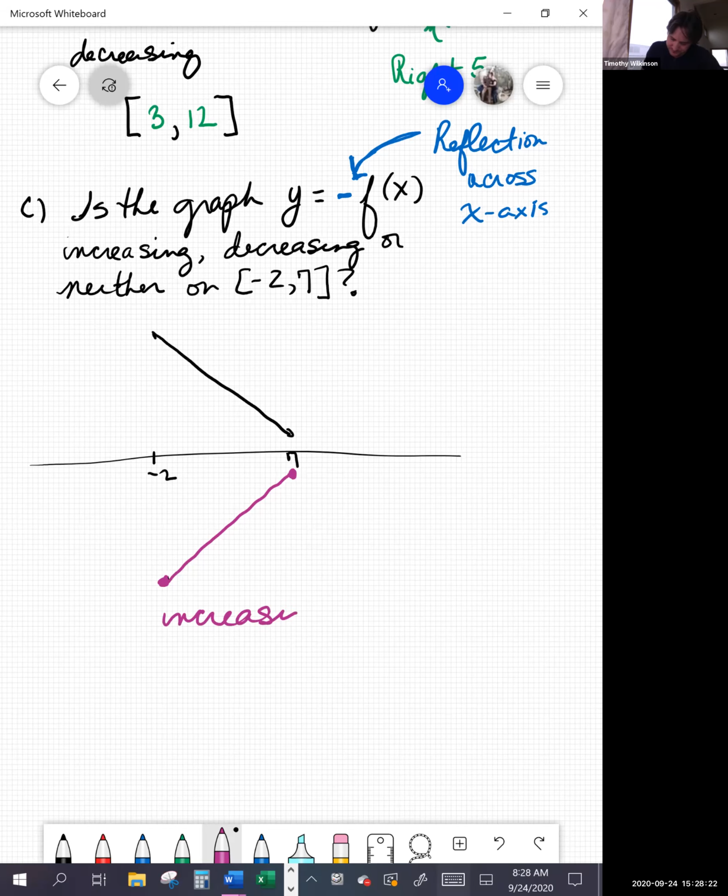So the graph y equals, if we put the negative inside, f of negative x, increasing, decreasing, or neither on negative 2, 7. So it's increasing again, right? Because we read left to right.